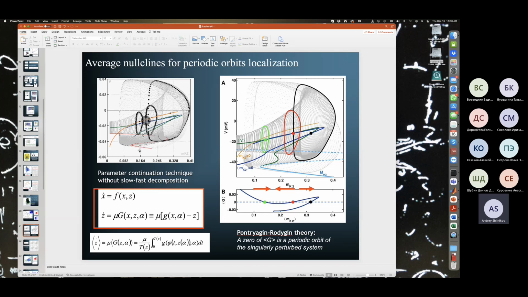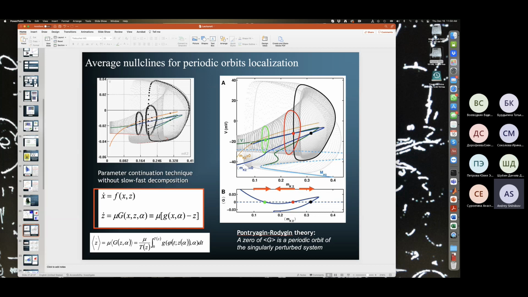Okay, so that's how you use the parameter continuation software cleverly, and that's how you get a picture like this.